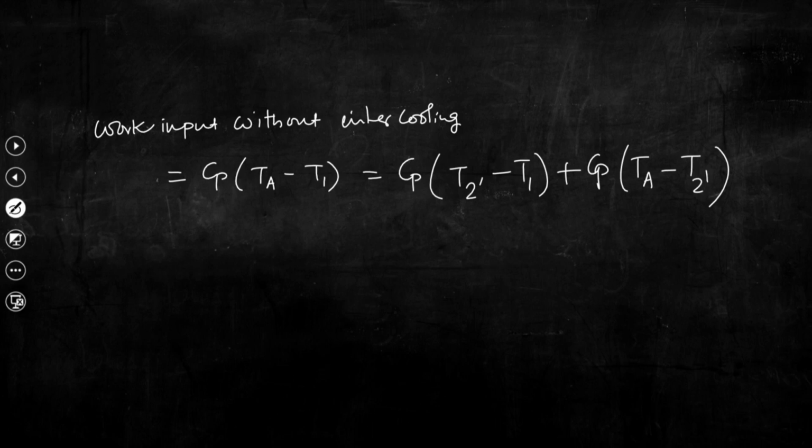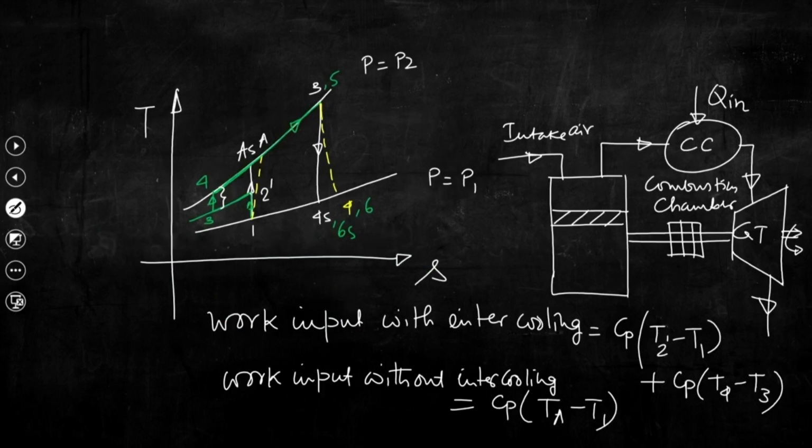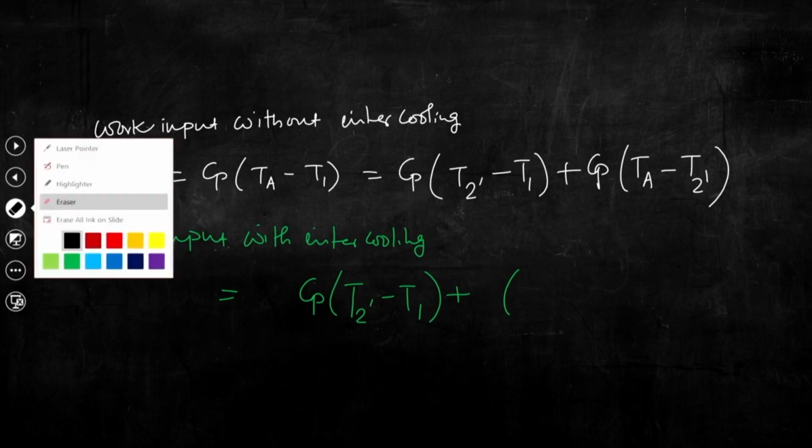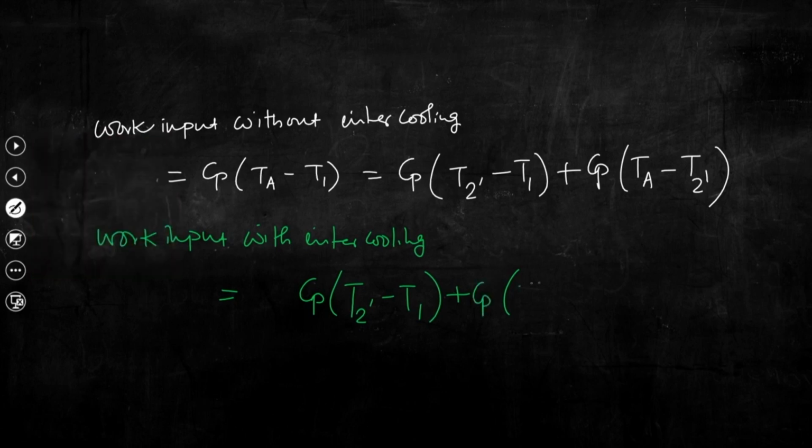Then you can understand, if we now write here the work input with intercooling, that we already have written in the previous slide, equal to Cp into T2 prime minus T1 plus Cp into T4 minus T3, right.